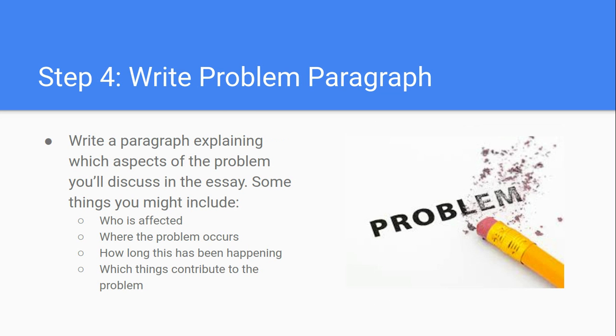So what types of things are you going to talk about in regards to your problem? Some things that you might include in this paragraph: will you be talking about who is affected? Will you be telling me where this problem occurs? Maybe you'll be talking about how long this has been happening and giving me some history of the problem. Maybe you'll talk about different factors that contribute to this problem.